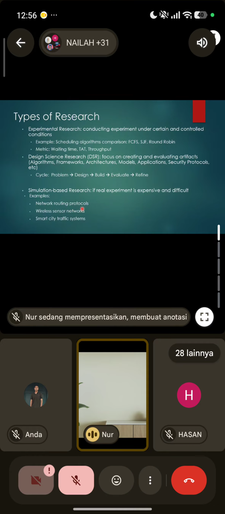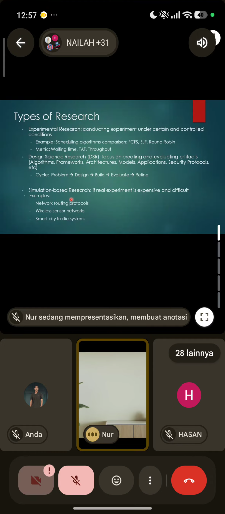Because if you implement this in the real situation, then your computer network will be chaos. The communication between computers will be chaos. So therefore, you have to create some kind of simulation. It works only at a certain domain, and we try to do it in that domain without interfering with and harming the remaining network.